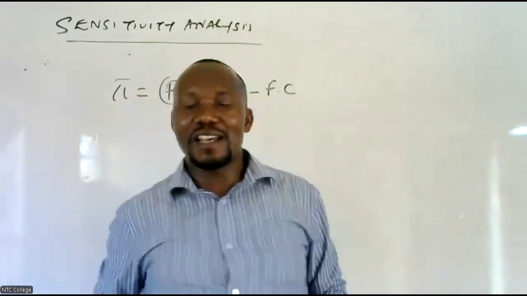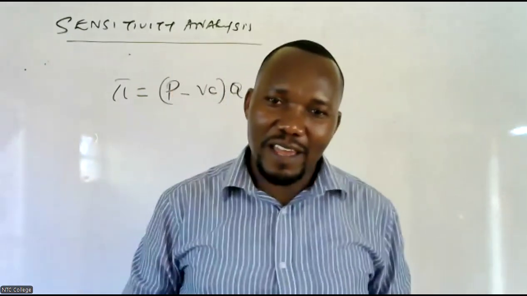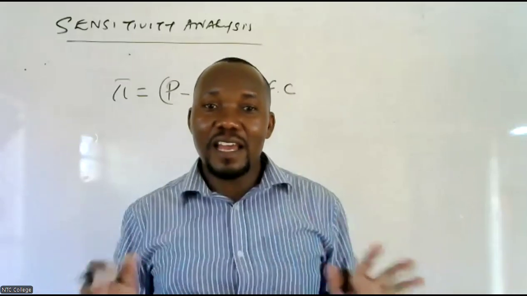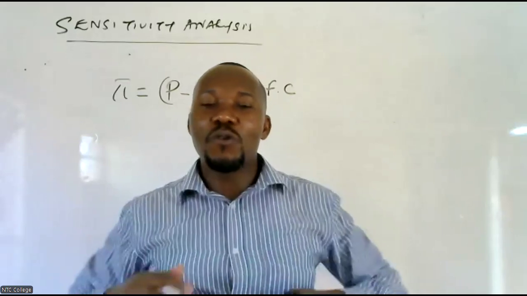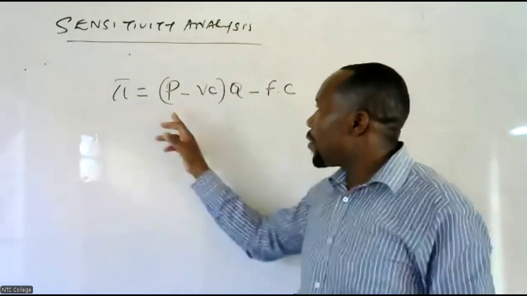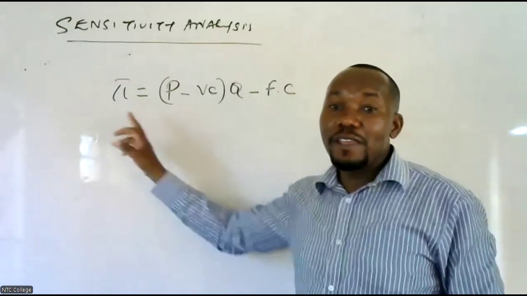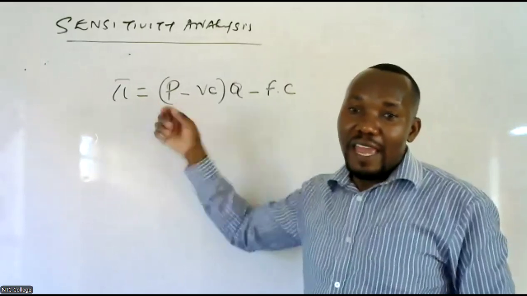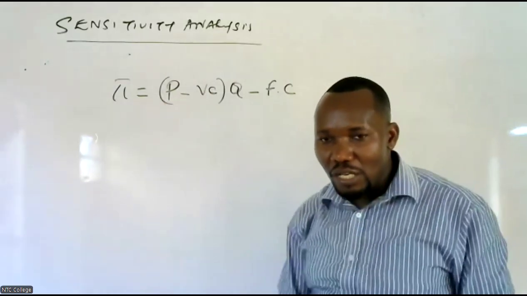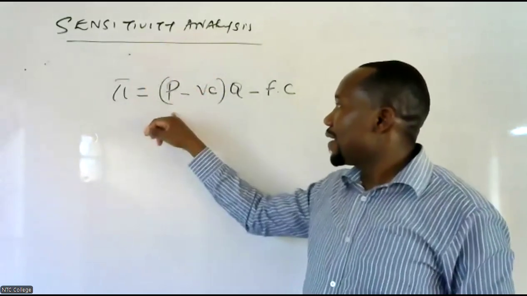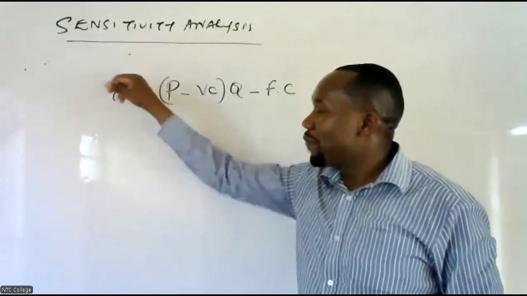Now, there are 2 ways of understanding the changes. The first one is called impact analysis. Under impact sensitivity analysis, we are looking at the percentage change. So we say, if I change the price, either adversely, downwards, or positively, that is favorable, by 20%, what will be the impact on the profit?